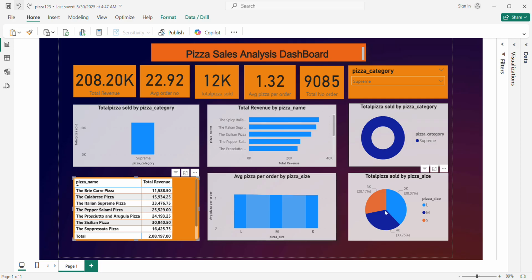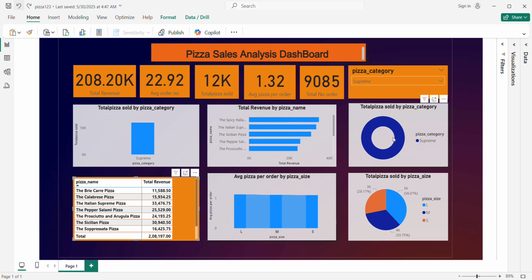This is the distribution: L is large, M is medium, S is small. So 4K is medium, 5K is large, and 3K is small.